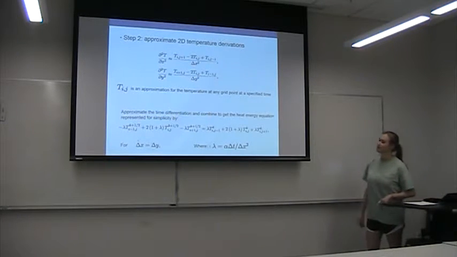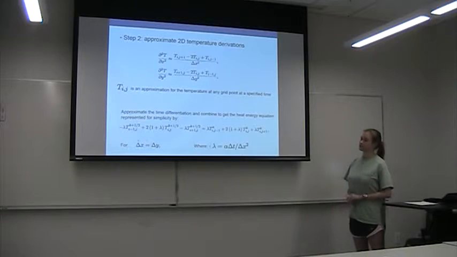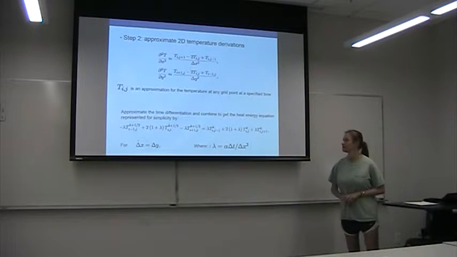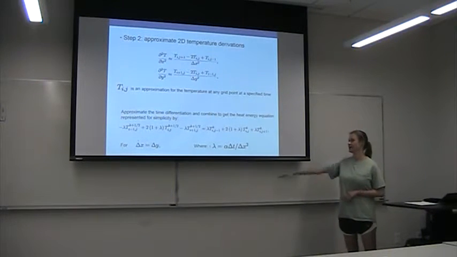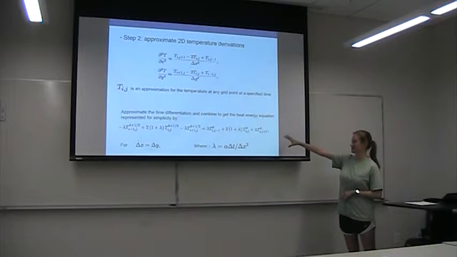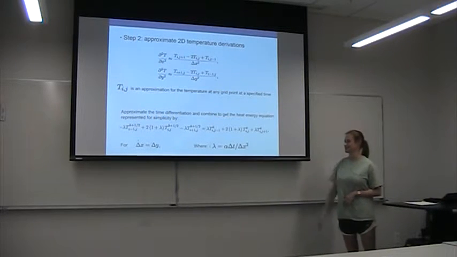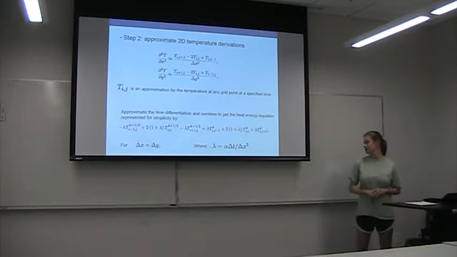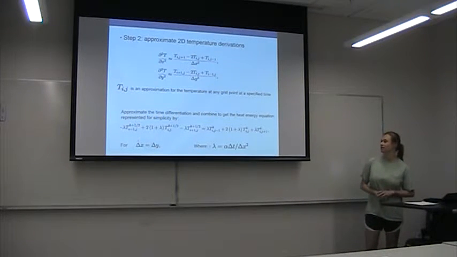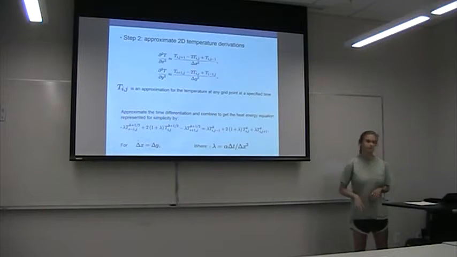Then you have approximations that they give you in the lab for the temperature with respect to x and y. And they also give you approximations for dT, d time. Putting all that together, you get that equation at the bottom for delta x equal to delta y, and gamma is equal to thermal diffusivity times the change in time over the change in increments squared.